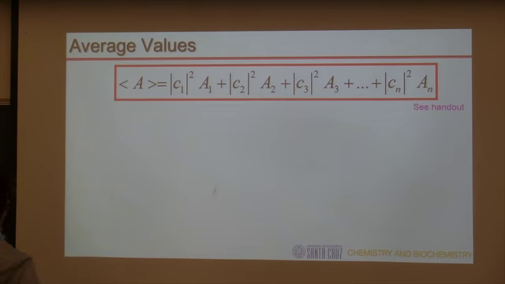One more thing about this linear combination is, we know how to normalize them now. We know how to calculate the probability now. And the third one is we can actually evaluate the average value. So the average value of a certain classical observable can be calculated this way.